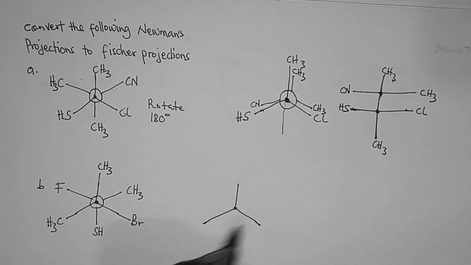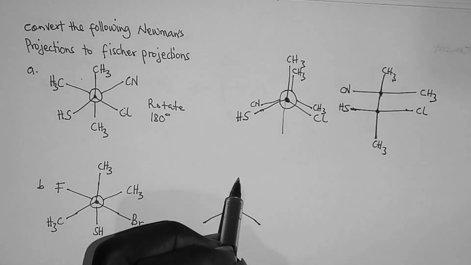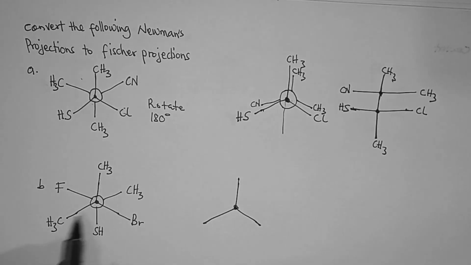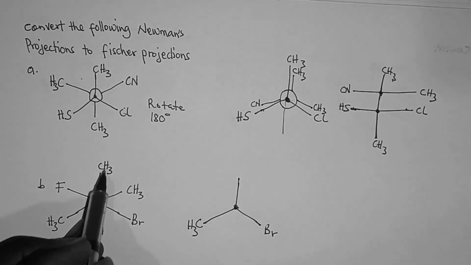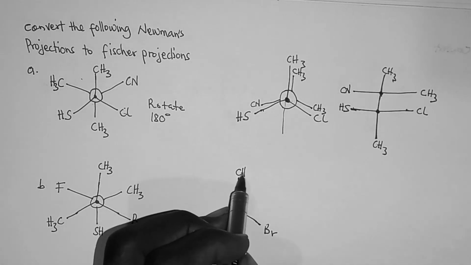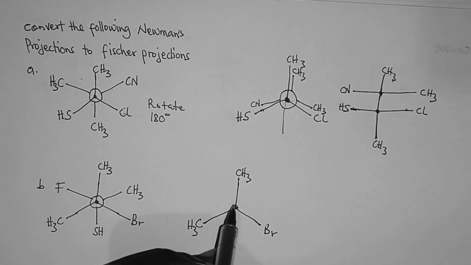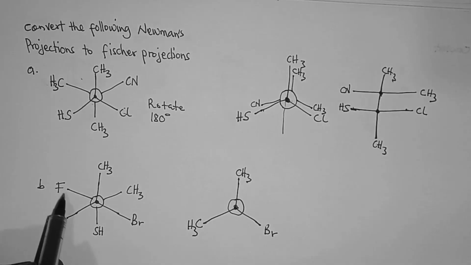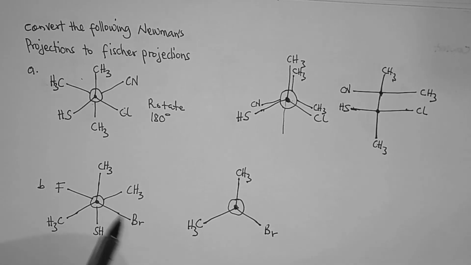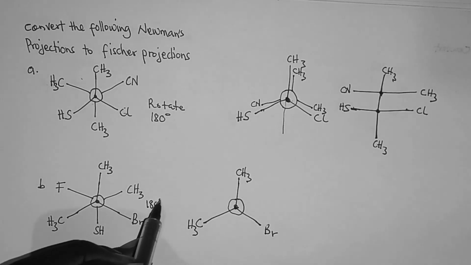This is the carbon in front. And then this side is a CH3. And then this is a bromine group. And this side is also a CH3. And let's draw the carbon at the back.